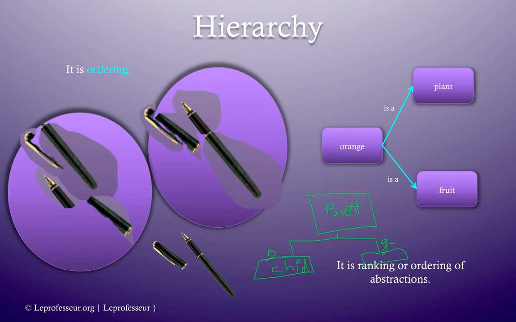Hierarchy is nothing but the ranking or ordering of abstractions: how the different levels of abstraction are interrelated, and what the order is between them. For example, this orange is at one abstraction level, and plant is at another abstraction level.